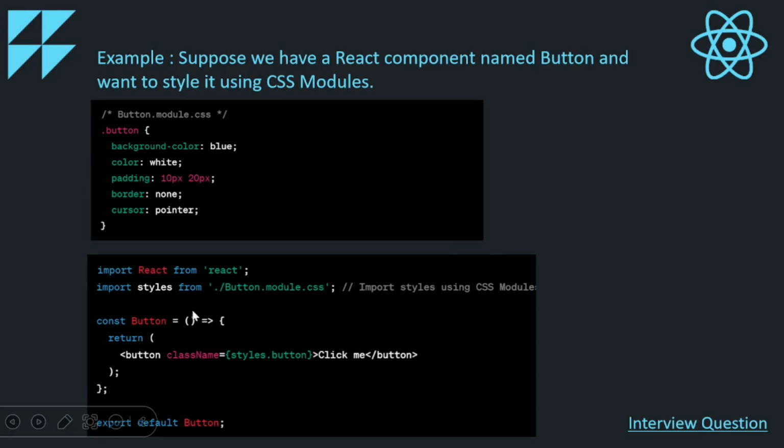In that, we are importing this module file using import styles from and the file name, and after that we write the class name as styles.button. We have already seen how to define a module CSS file and how to import it inside your component. This way we do it, and it provides various benefits as I have already explained.